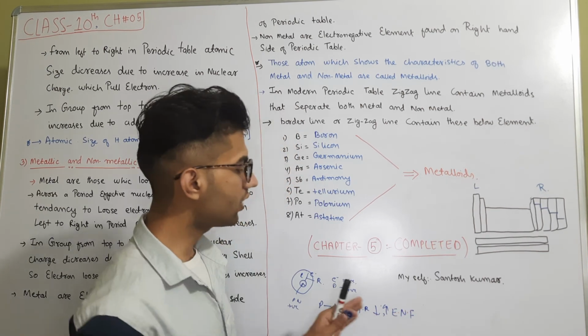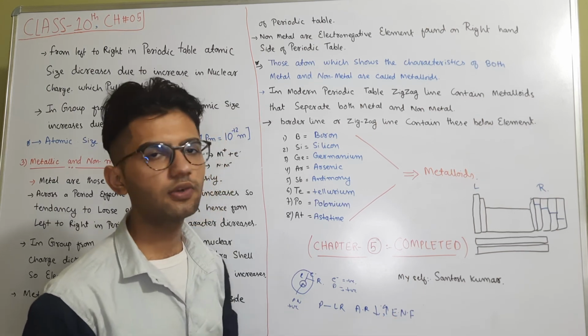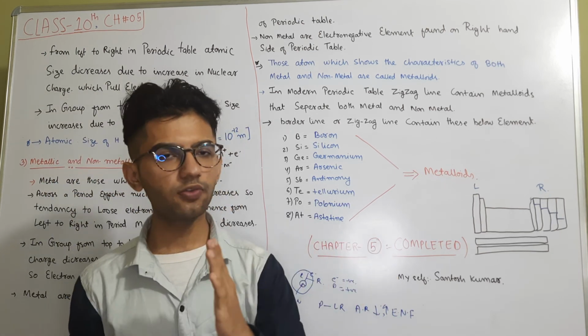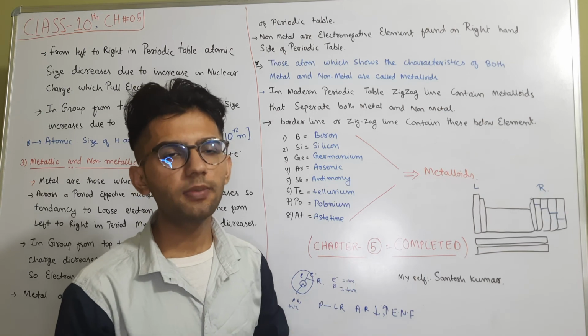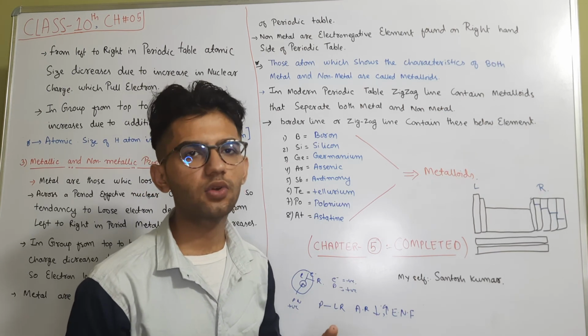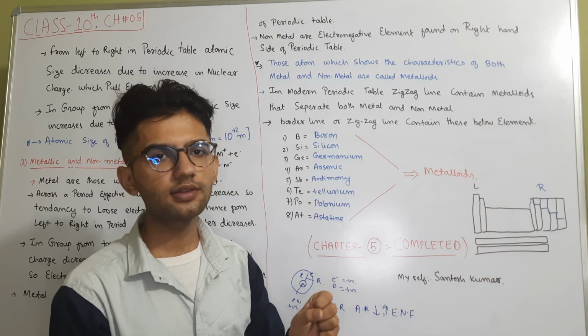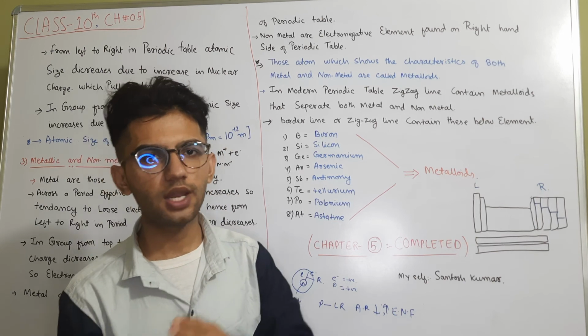As we move left to right, the effective nuclear force increases, so more force is provided by the nucleus to the electrons. Hence, with more force, the electrons are attracted toward the nucleus. Therefore, the atomic size, the atomic radius, decreases when we move from left to right.